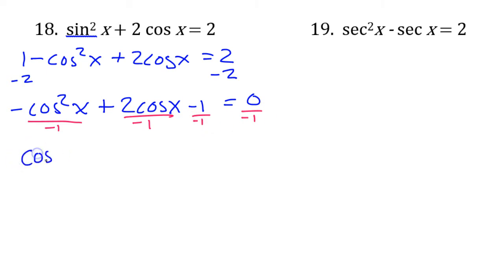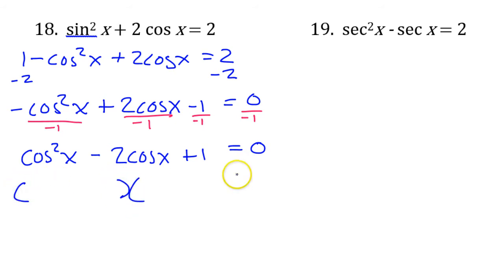So that will give me cosine squared x minus 2 cosine x plus 1. Just changes all the signs. Equal to 0.